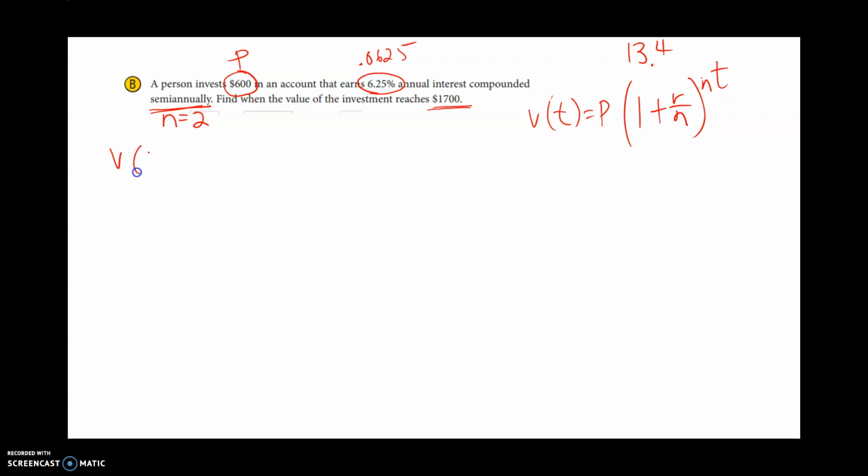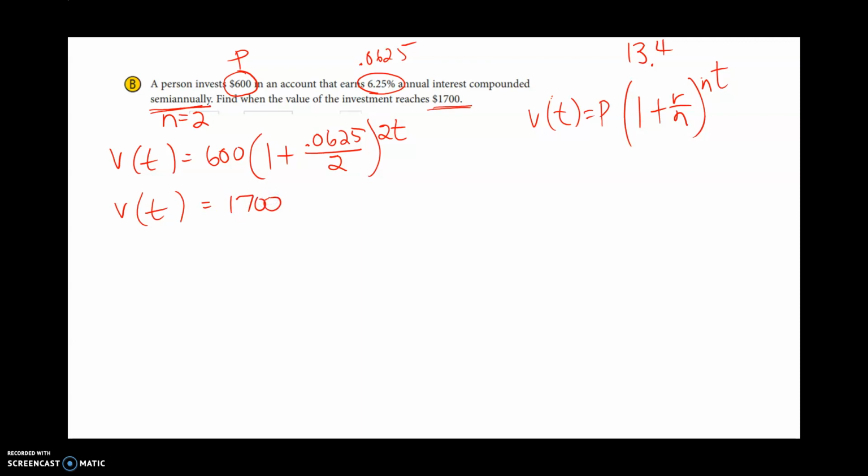So equation 1 that we'll graph, simply taking this and plugging in what I know, n is 2, to the 2 times t. All right, the second equation we'll graph is when will the value be 1,700?